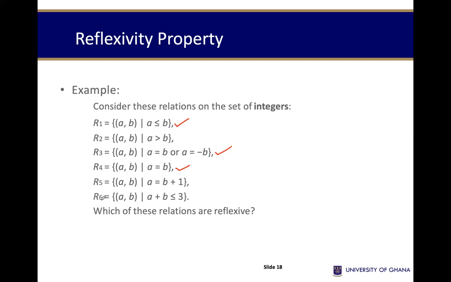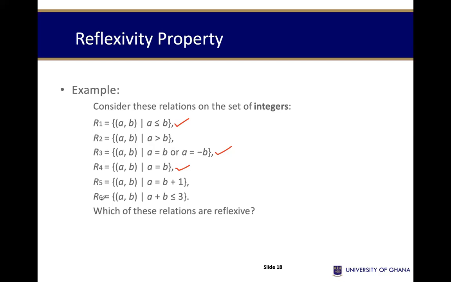Now, when I come to positive values, A is 1, B is 1. So I'm going to have 1 plus 1. That'll give me 2. When A is 2 and B is 2, I violate the rule, because 2 plus 2 gives me 4, and 4 is nowhere less than 3.